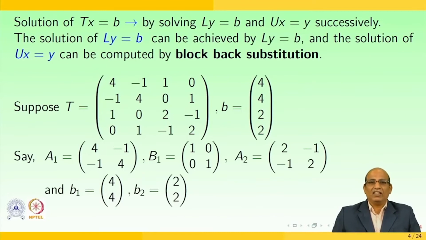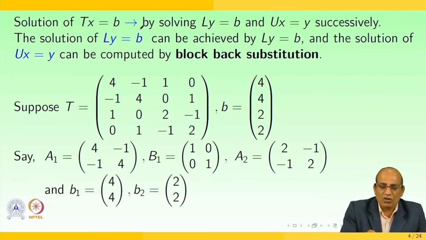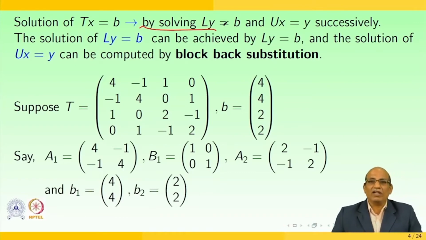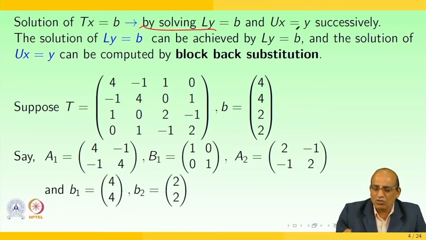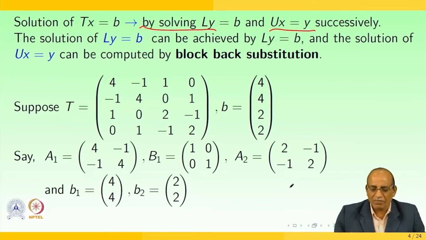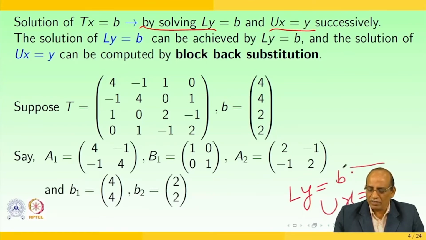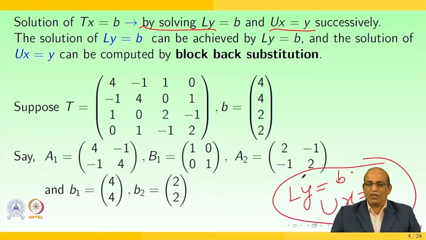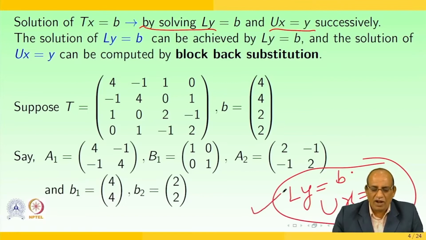Now let's see the solution of Tx = b. We solve Ly = b and Ux = y. So successively we are solving Ly = b and then Ux = y.